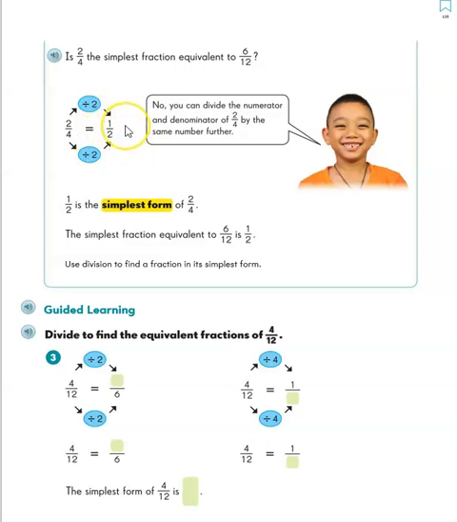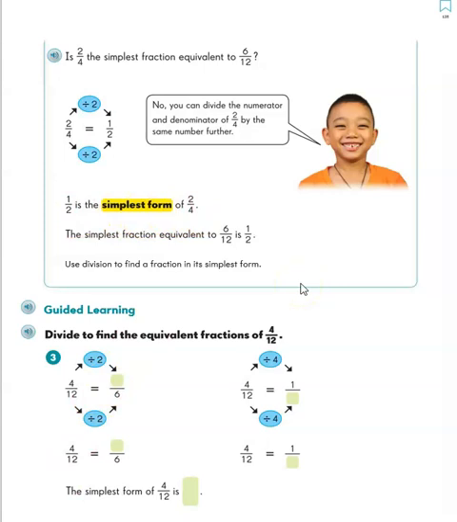Is there any number we can think of that would divide equally into 1 and 2? I don't think so. So when you see a number that has a 1 like this on the top as the numerator, most likely, or well, definitely, it's not going to be able to be divided any further. So we know that 1/2 is the simplest form of 2/4.